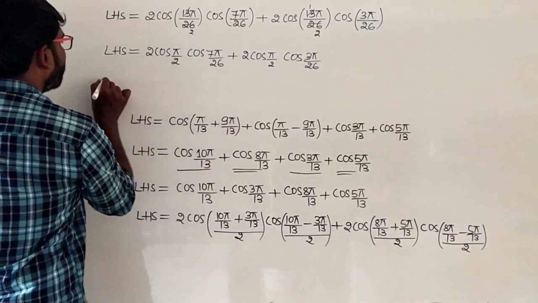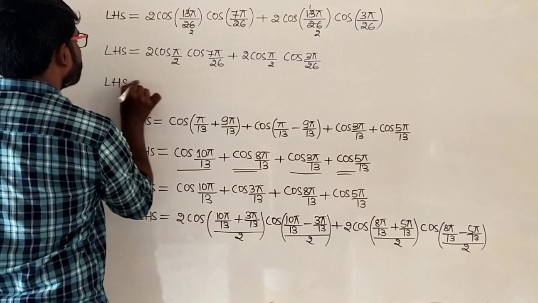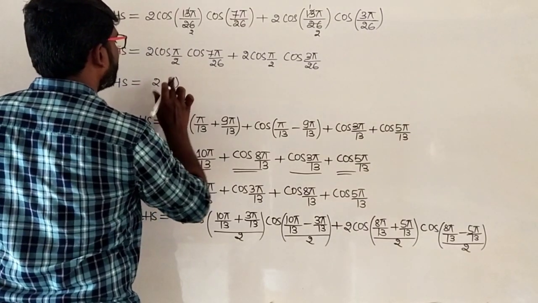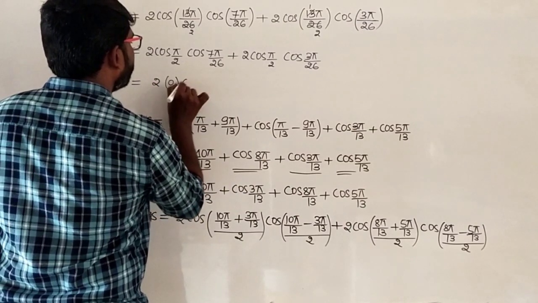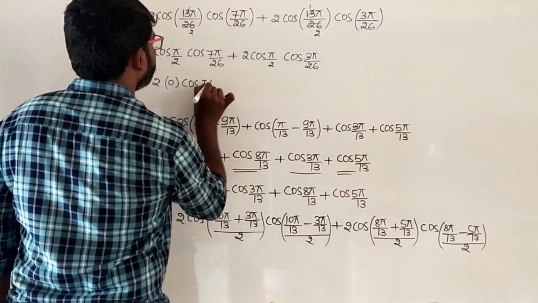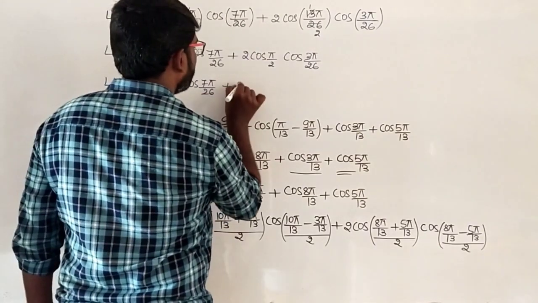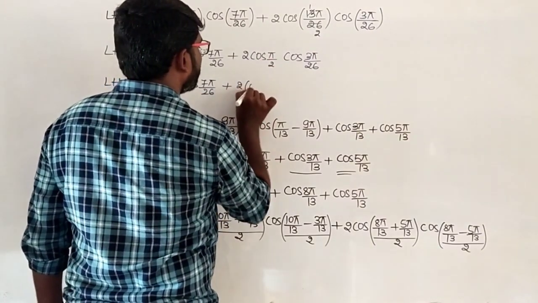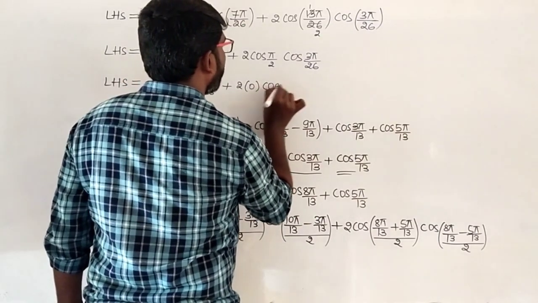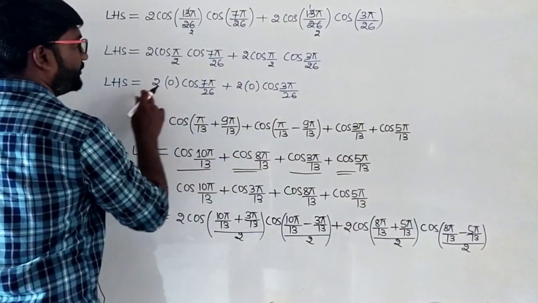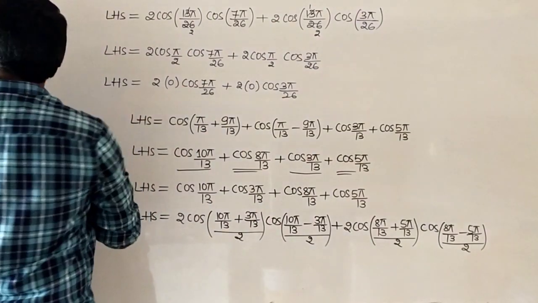So overall we get LHS which is equals to 2 into 0 into cos 7 pi by 26 plus again 2 into cos 90 degree will be 0 into cos 3 pi by 26. So the entire answer is going to be 0 now.